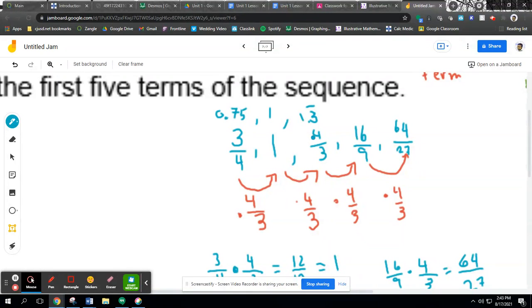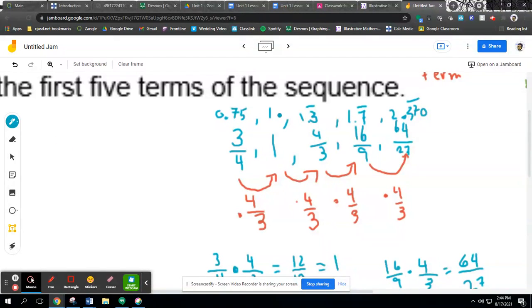If you do 16 divided by 9 in a calculator, you're going to get 1.7 repeating. And if you do 64 divided by 27, you're going to get 2.37. Decimal keeps going. It's actually 2.370, and that repeats. So I'll actually write that 2.370 repeating.